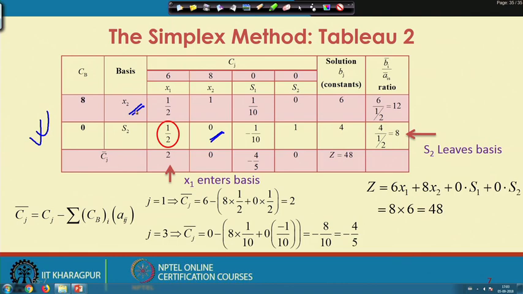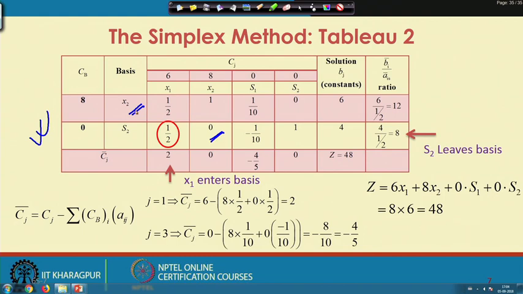So, in this case I have x2 and S2 as basis, and x1 and s1 as non-basic variables.